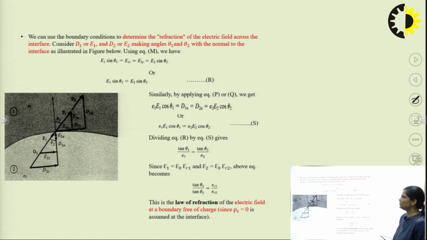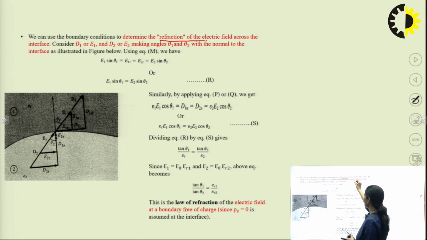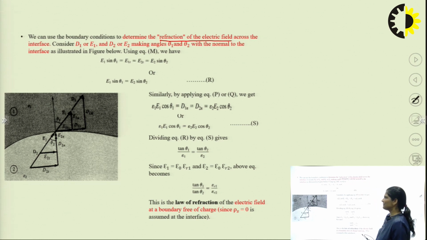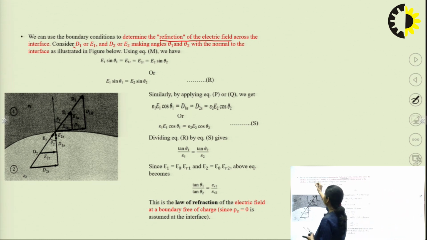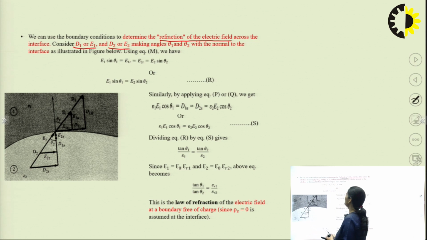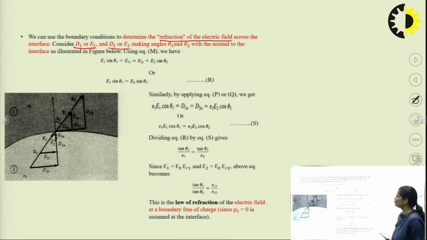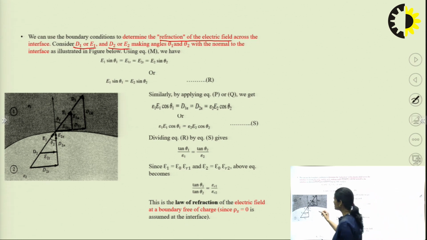Now we can use boundary conditions to determine the refraction of the electric field at the interface, considering D1 or E1, D2 or E2 making angles theta 1 and theta 2 with the normal to the interface. Let this be the interface, this is the origin, and here you can see this is D2 and this is D2n. The angle between D2 and D2n is theta 2.